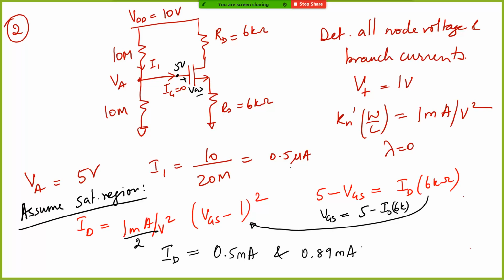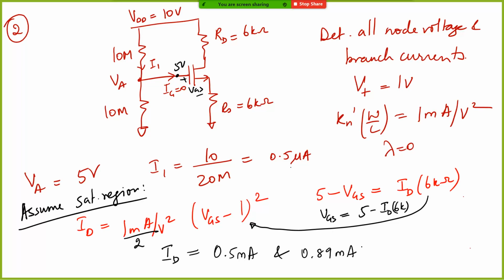Correct. So it is either you get two answers, 0.5 milliampere and 0.89 milliampere. Okay. So now it is important to figure out which of these two answers is correct. Okay. So you solved the quadratic equation and you got these two, but in this circuit, in this context, which of the two actually makes sense, right?